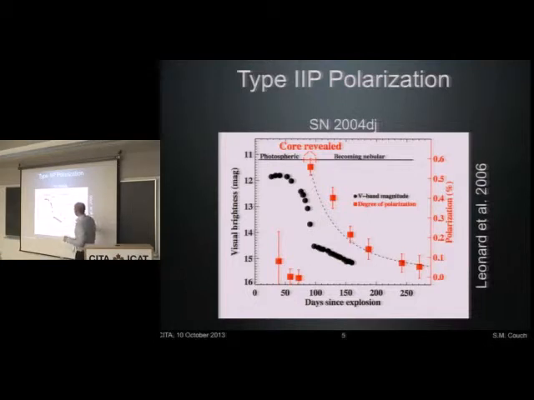When that happened for this supernova, the polarization jumped up really high, almost discontinuously, and then it decayed. And this decay is consistent with just the photosphere disappearing and the optical depths dropping. So this decay basically indicates that the asymmetry stayed the same while the photosphere was disappearing. So the core of this explosion, according to the polarization, was much more asymmetric than the envelope, which was roughly spherical.